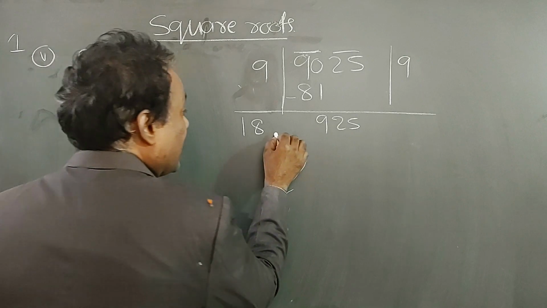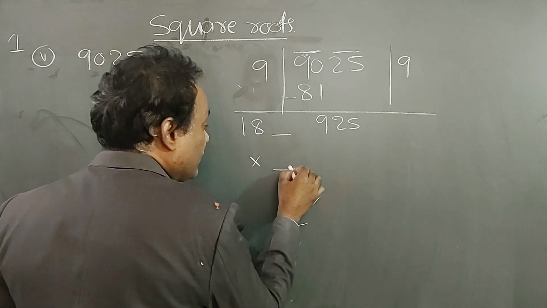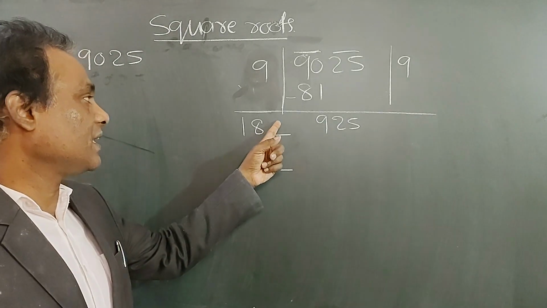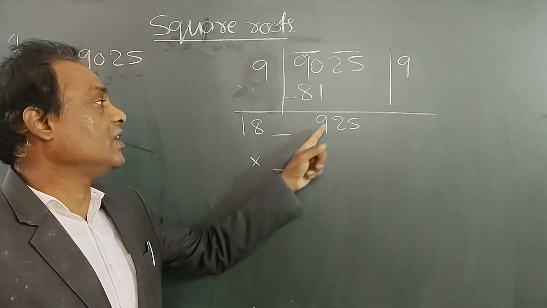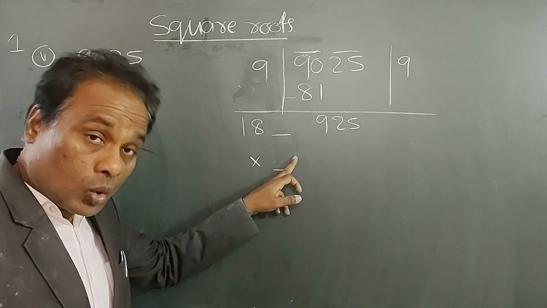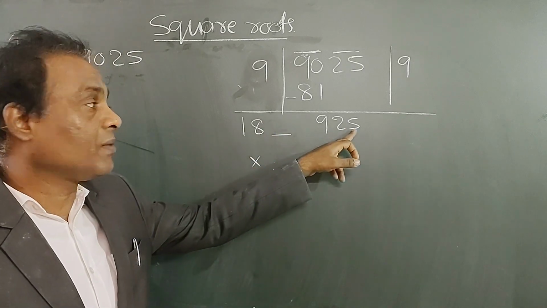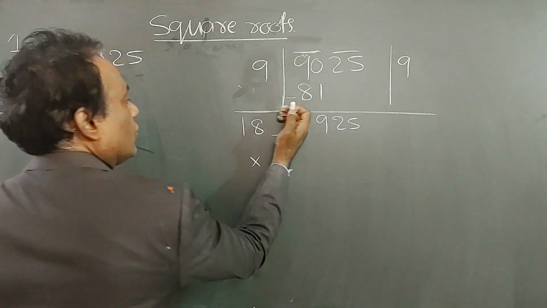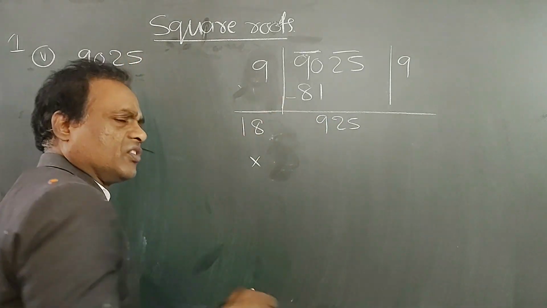Now write a number here, multiply with the same number, and we have to get 925. Suppose you write 2, multiply with 2 only. But the last number is 5, so definitely it should be 5. Then only we will get the last number 5. So don't try with 2 or 3.